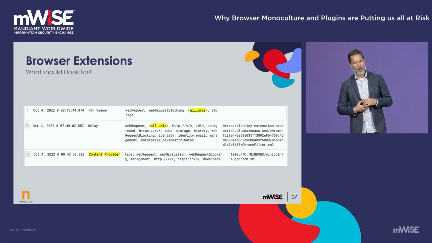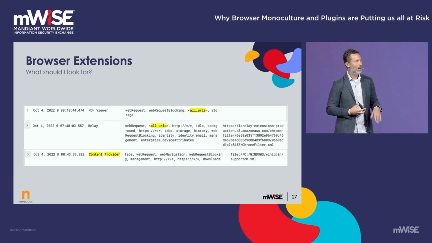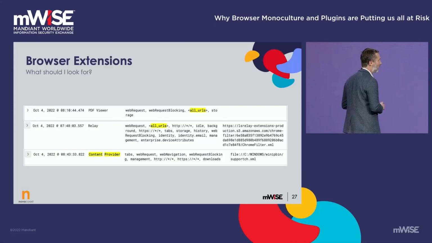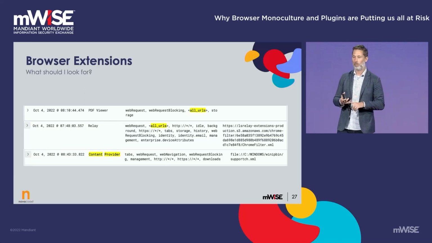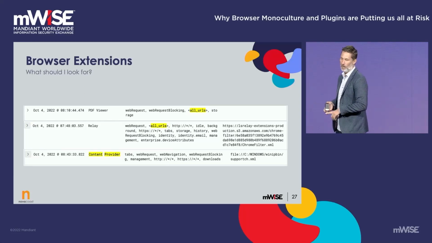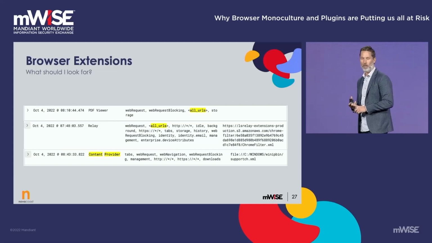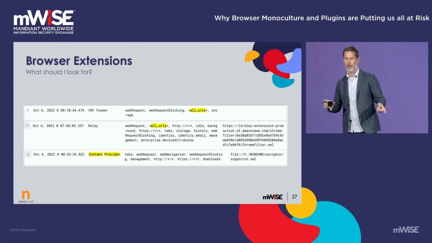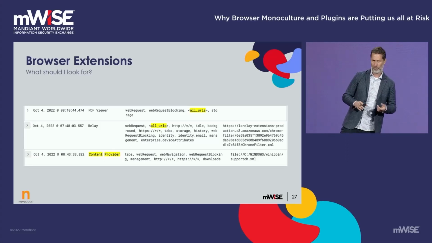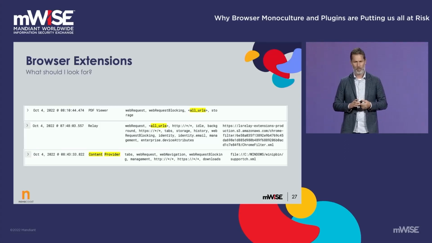Below it, you have one called Relay. I love that Relay comes from a janky S3 bucket with unknown provenance. That is where it gets its update from. And it can do things like make requests, talk to all URLs, communicate with anything HTTP, which is a redundant permission to the all URLs, so it's clear that they didn't really have a clear handle on what those things were.